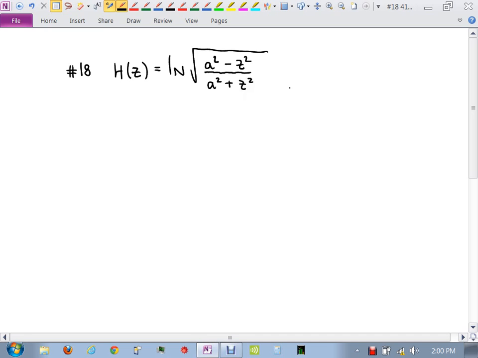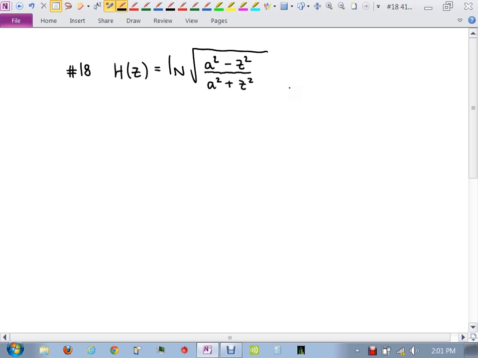So my variable in this problem is z. A is a constant. What rule do you see happening here? Chain. What would the last thing happening be? ln would be the last thing.